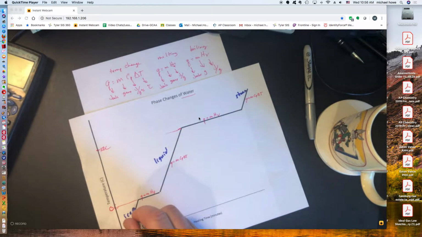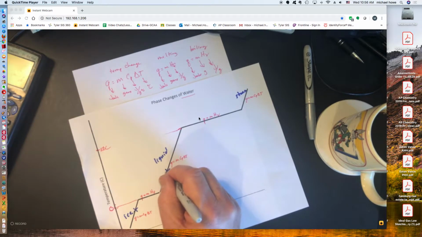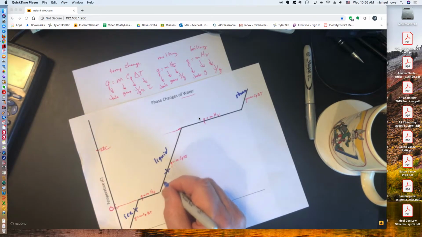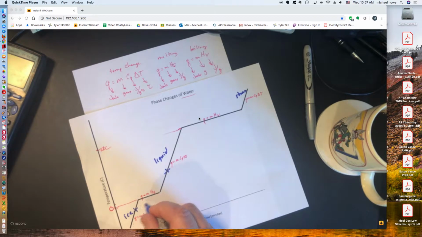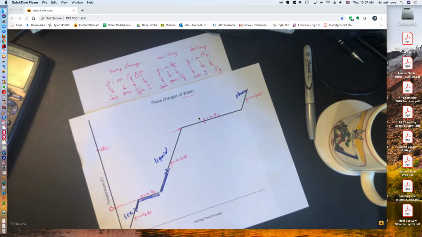If I have some ice at that temperature and wanted to find how much energy it took to warm it up to liquid form, we'd have to add up the energy changes. You'd have an energy calculation for this region, plus this region, plus that region. So you'd have 3 steps, and you would add them all together.